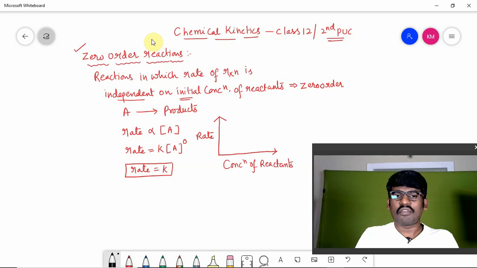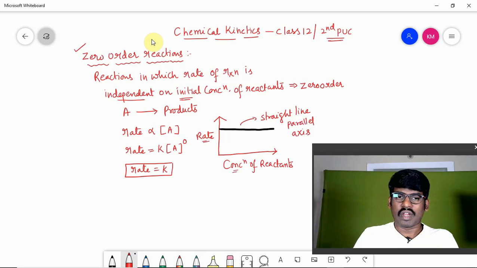It is a straight line parallel to the x-axis. The straight line parallel to the x-axis indicates that the rate of reaction is independent of the concentration of the reactants. Hope you understand that.